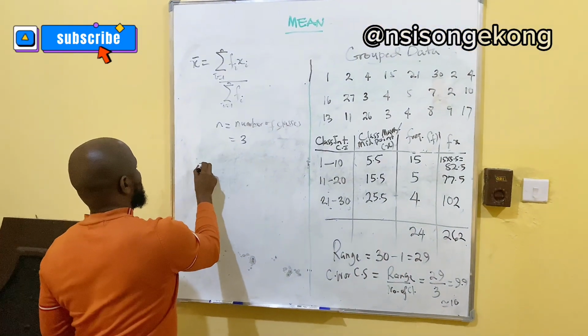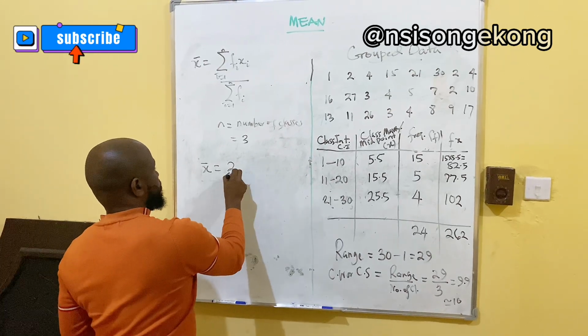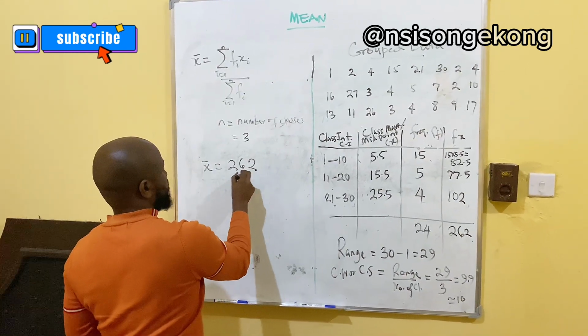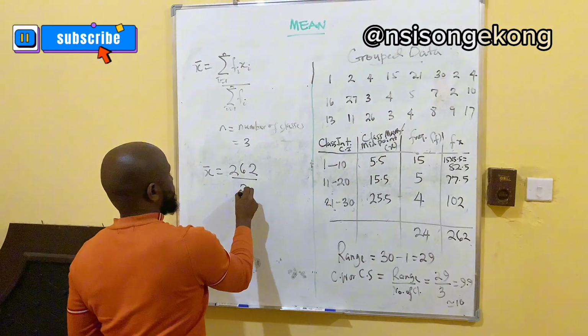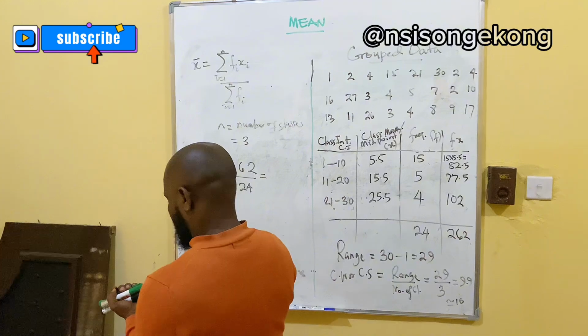So x bar equals 262 divided by 24. And we use a calculator.